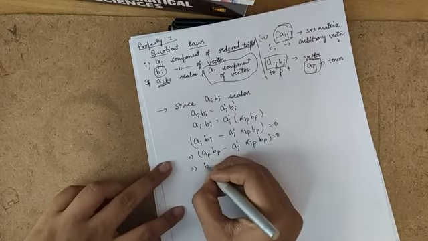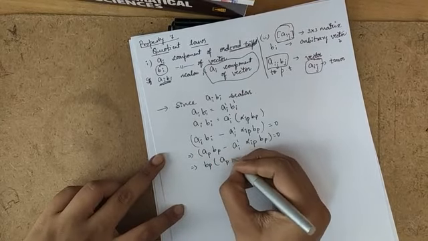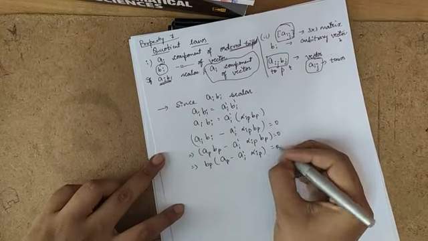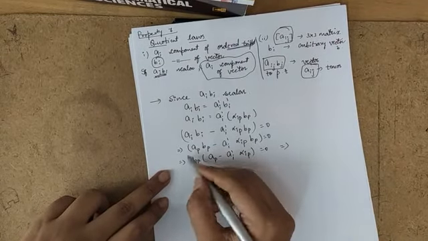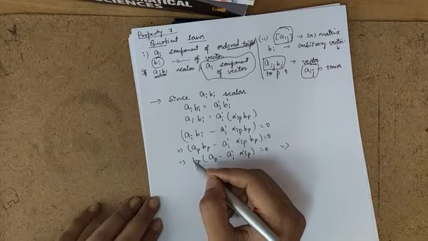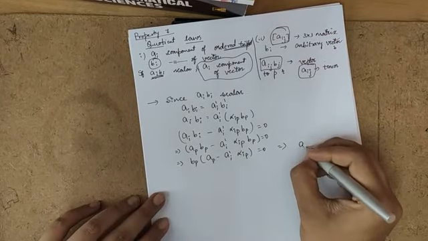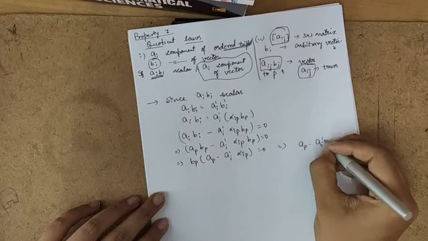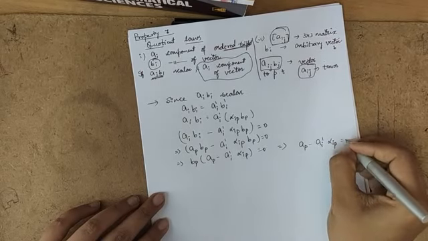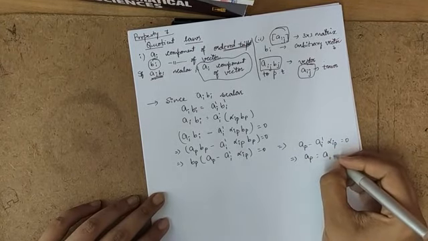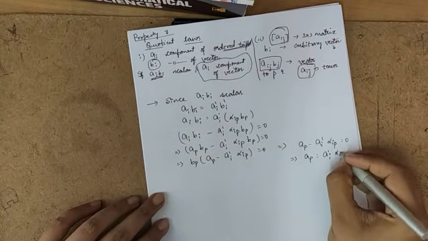So take Bp common, it becomes Ap minus Ai prime alpha ip is equal to 0. Since Bp is any arbitrary vector, I can write Ap minus Ai prime alpha ip is equal to 0. From this, Ap is equal to Ai prime alpha ip.